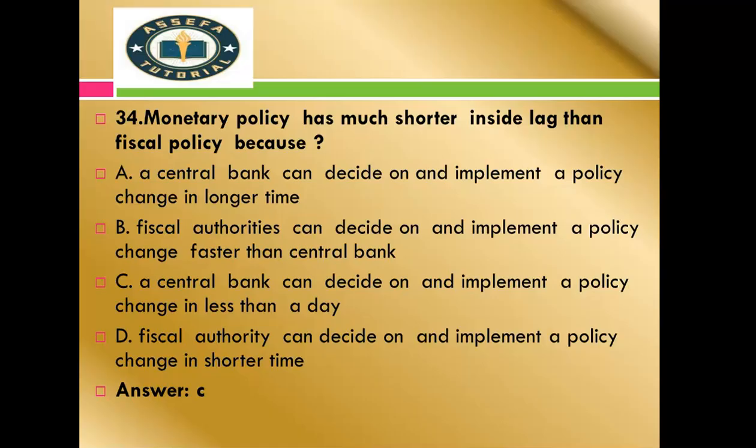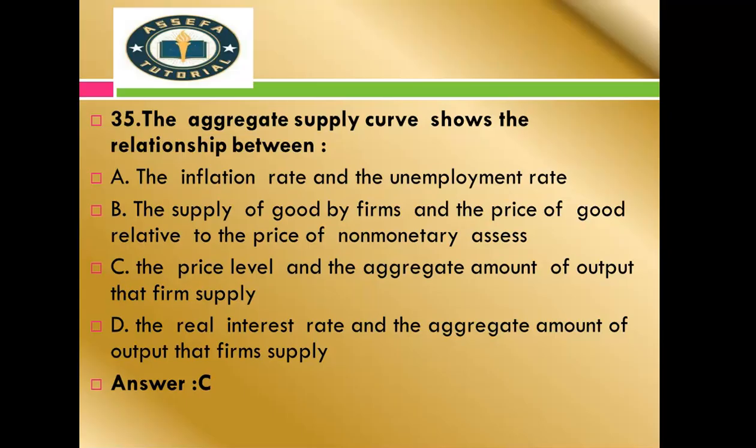C. Central bank can decide on and implement policy change in less than a day. D. Fiscal authority can decide on and implement policy change in shorter time. So the correct answer for this question is what? C. I am short on time to explain each distractor, so try to review them yourselves.